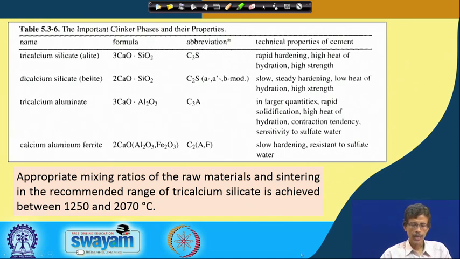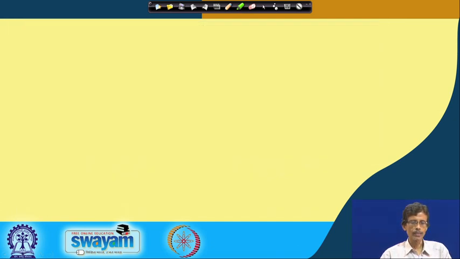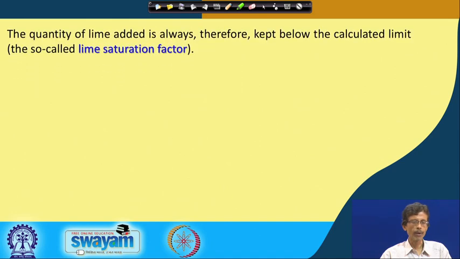If we heat the material from 1250 to above 2000 degrees centigrade, you get the corresponding cement material. So a cement factory is a largely heat-expensive, energy-consuming industry, and that is why the cost is related to the amount of energy you use.